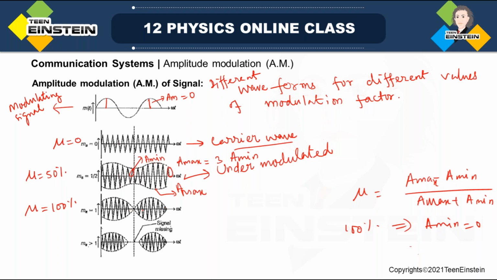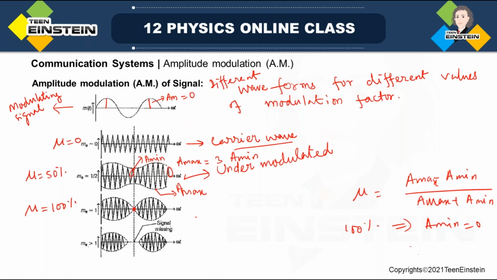See, this is the minimum value, but here minimum is zero. Here, look, this is the minimum, right? So this is going to be zero, so minimum is zero, and this situation is actually called fully modulated.